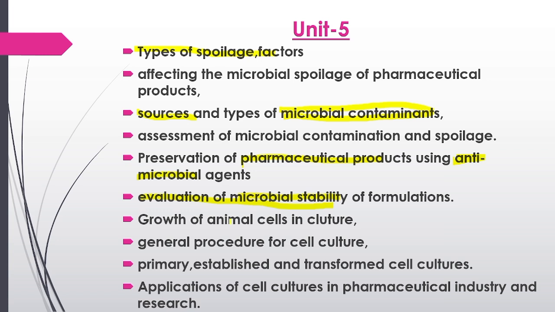Okay, next topic is the growth of animal cells in culture. The growth of animal cells is mostly determined by the growth phases like lag phase, log phase and stationary phase. So this is about the growth of animal cells in culture.